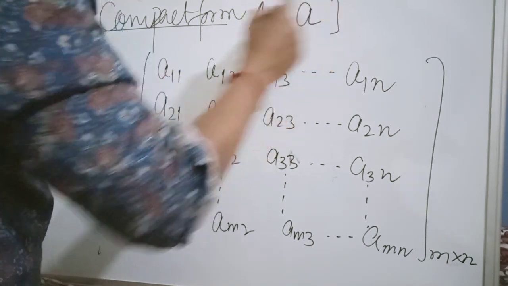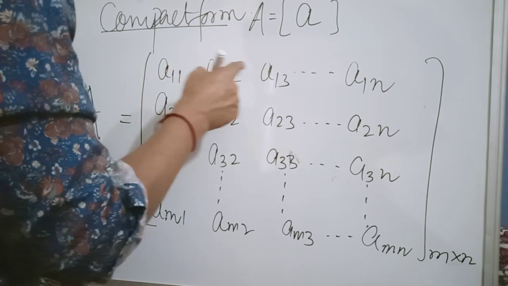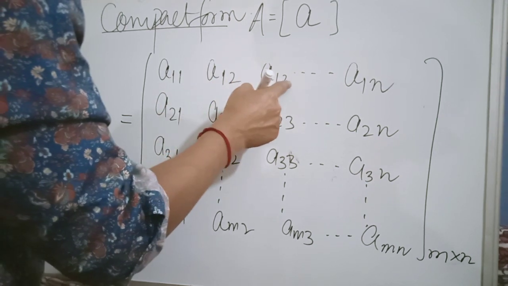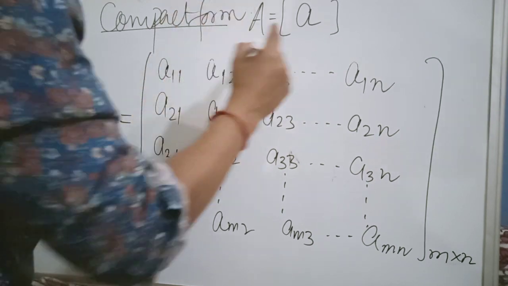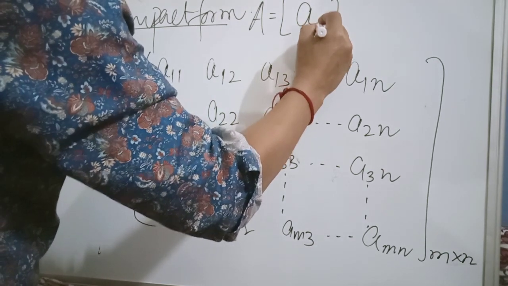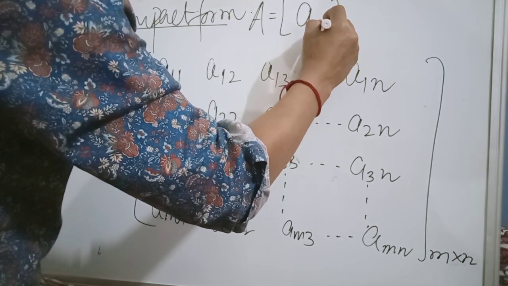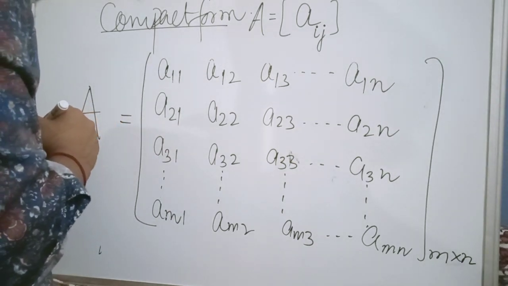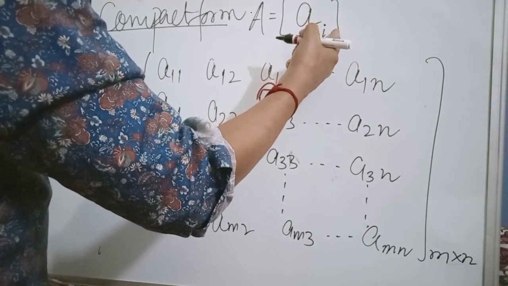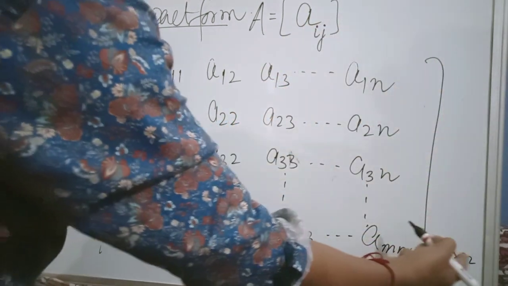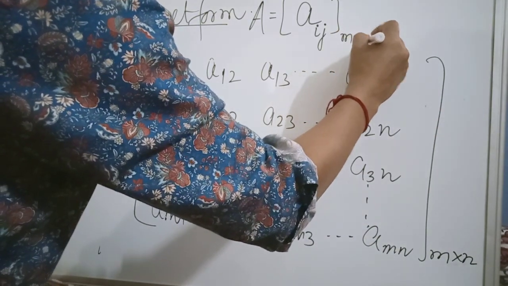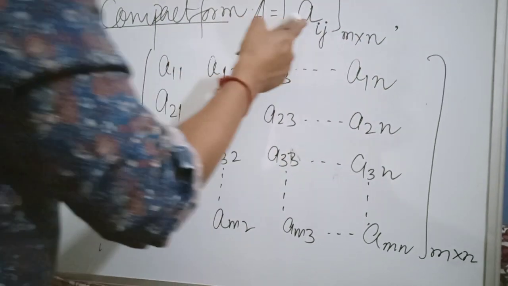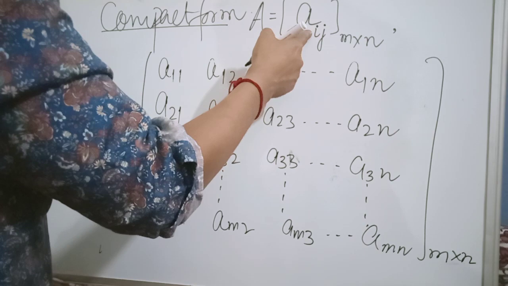The symbol of the matrix element is a. Every element has some suffix. Every suffix has two parts. So part number 1 is i, part number 2 is j. Correct? And at the right bottom, we have to write the order of the matrix. Now, what are i and j? i is the ith row.